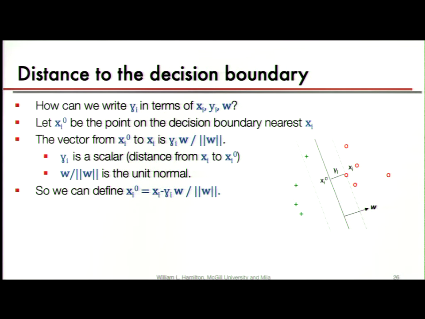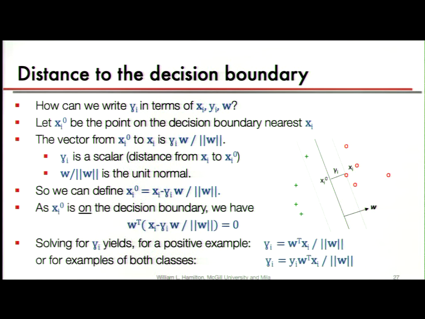And then we can define that xi naught is going to be equal to xi minus this. So again, if we're at xi, we know that this is the vector that goes from xi naught to xi. So the minus this takes us from xi to xi naught. A bit of boring algebra. But at the end of the day, we also know that xi naught is on the decision boundary.